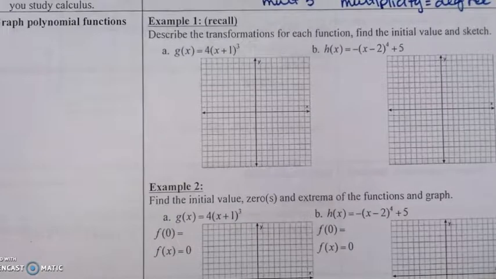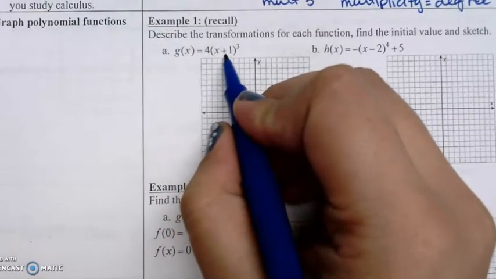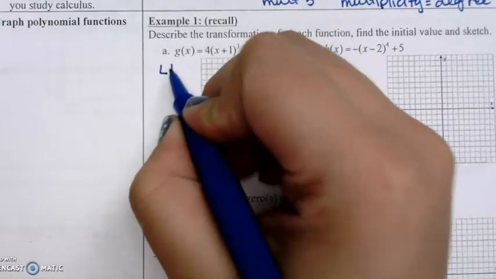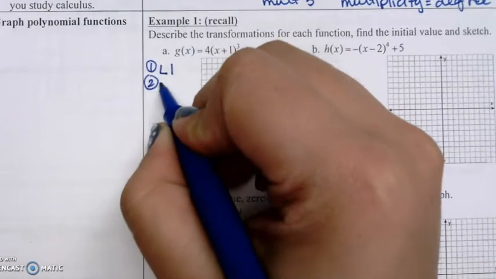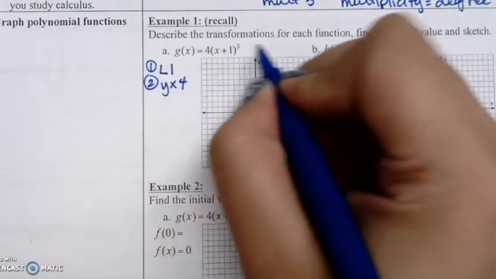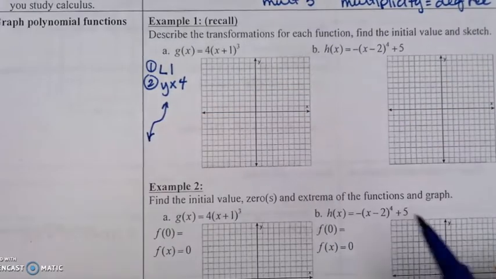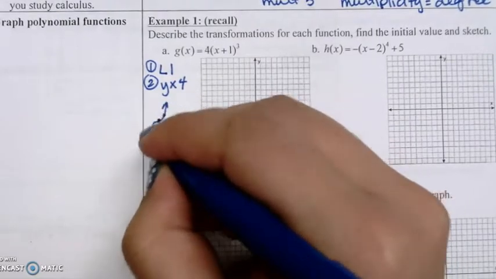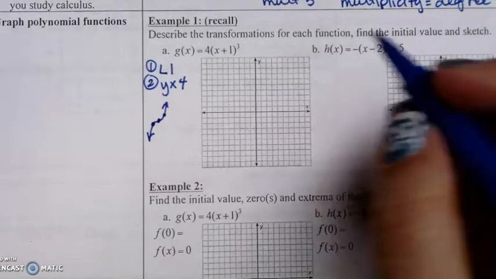In example 1, we're looking at transformations. So looking at part A, the first transformation order of operation that I want to do is the +1, so it moves to the left by 1. Second transformation is the 4, so I'm taking my y value times 4. X cubed, remember, is this shape, which means I'm taking the points at 0, 0, 1, 1, and -1, -1, and I'm transforming those points.